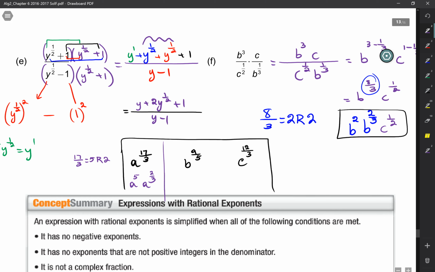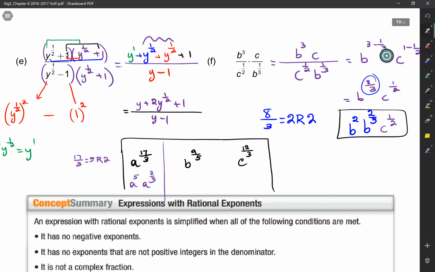Okay? Why would you do the 3? Okay, so it's 17 over 3. You just take it down. So you divide 17 over 3, it's 5 remainder 2. So it's a to the 5 and 2 over 3. Same denominator as that.